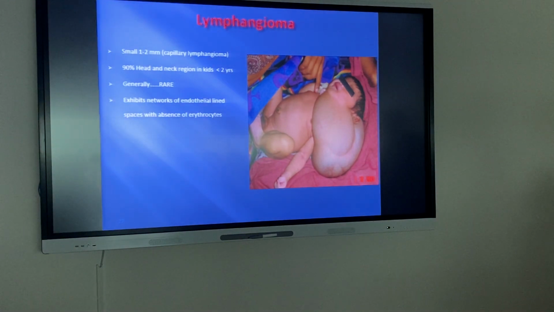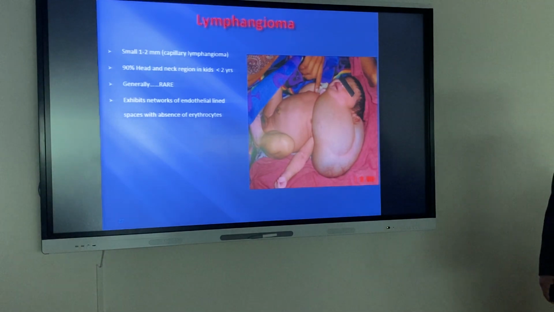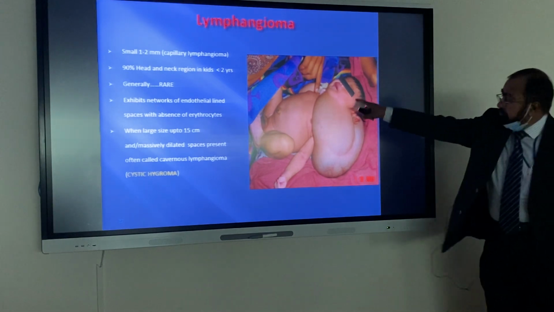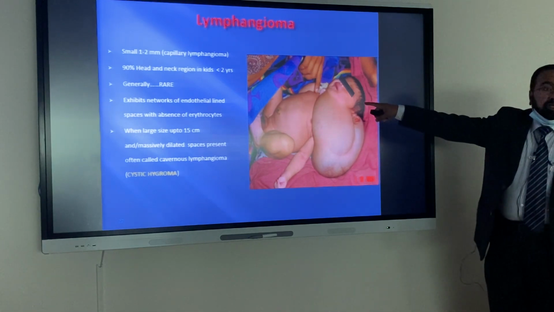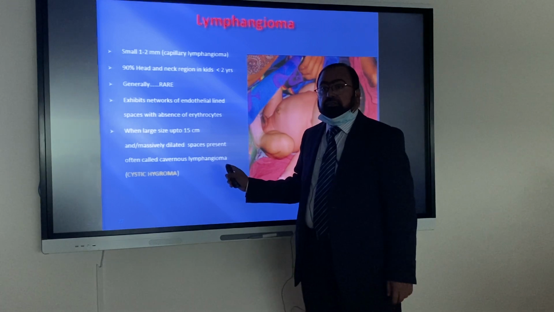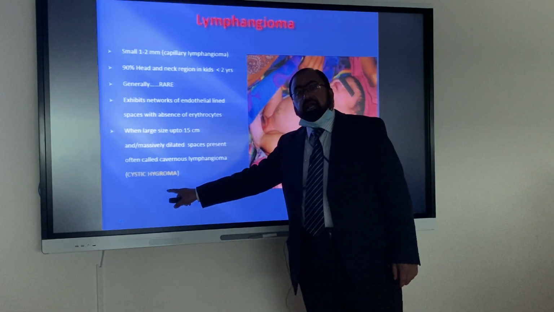They exhibit a network of endothelial-lined spaces without erythrocytes or RBCs. When large, up to 15 centimeters, they are called cavernous lymphangiomas or cystic hygromas.